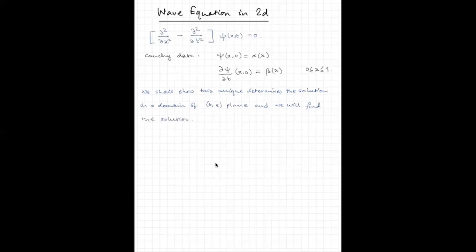Okay, so first off, what are the characteristics? These are xi of x, t is equal to x minus t, which is c1, and eta of x, t is x plus t, which is c2.